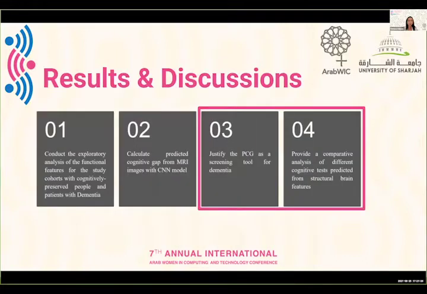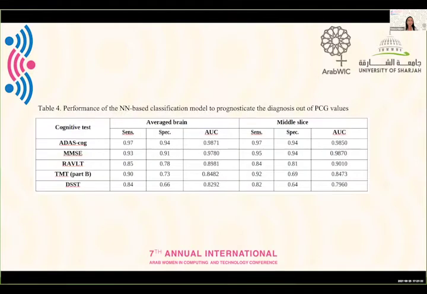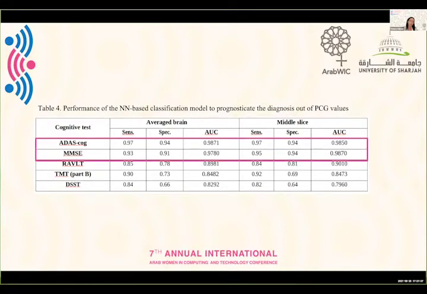So what did we do to justify the proposed predicted cognitive gap? We decided, as I told you before, not to build a new model, but to use conventional machine learning models, standard, different machine learning models, to check if this predicted cognitive gap can be a good predictor of the disease in a binary classification model. The result of this model was a final diagnosis, dementia or cognitively normal person.